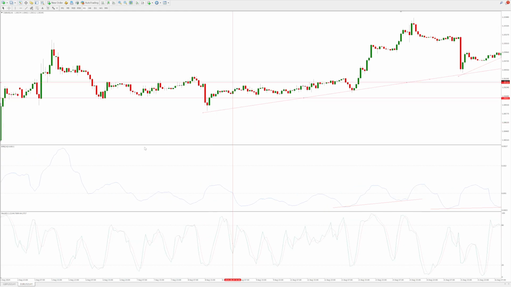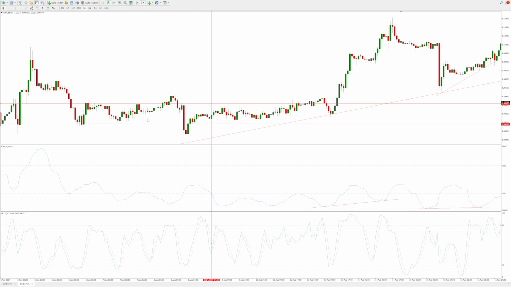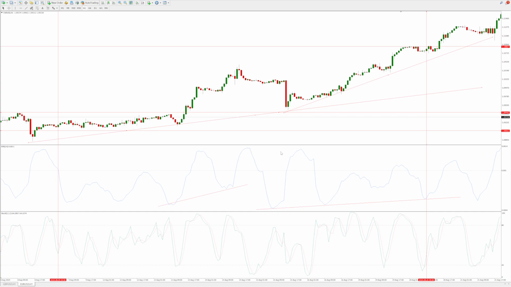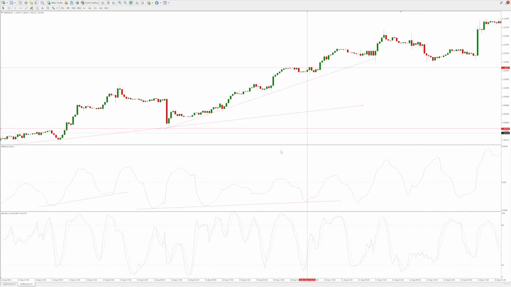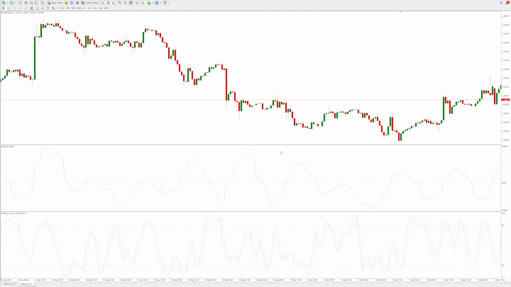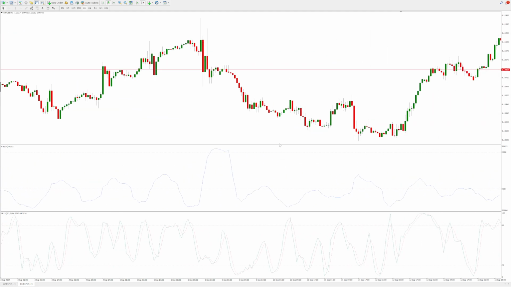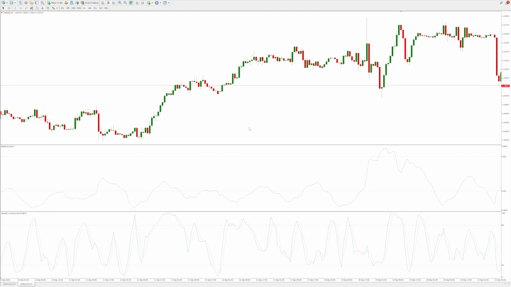So the ATR really is good to help filter. I personally don't use it for entry or exit signals. I don't think that's what it's for. The main thing I would use it for is just to avoid trading when there's too much volatility, perhaps around news releases.